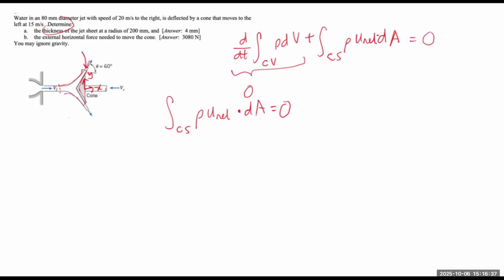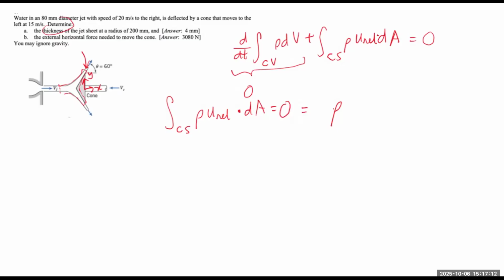It'll be rho, but what is the relative velocity? The relative velocity is the velocity of the jet stream relative to the coordinate system.